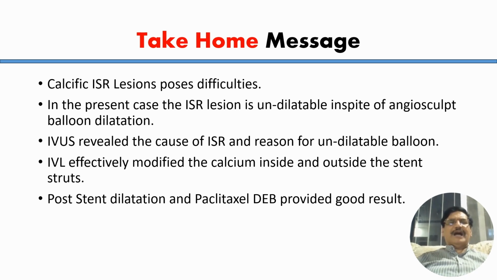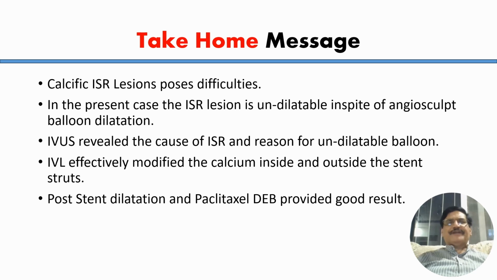The most effective modifying device was intravascular lithotripsy, which modified the calcium both inside as well as outside the stent struts, and subsequent post-dilatation with NC as well as OPN balloon aggressively broke the napkin ring calcium of 360 degrees.